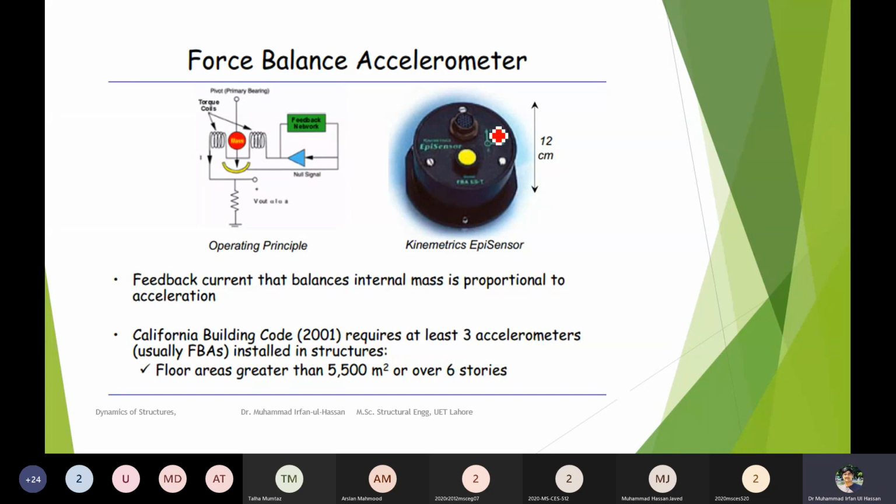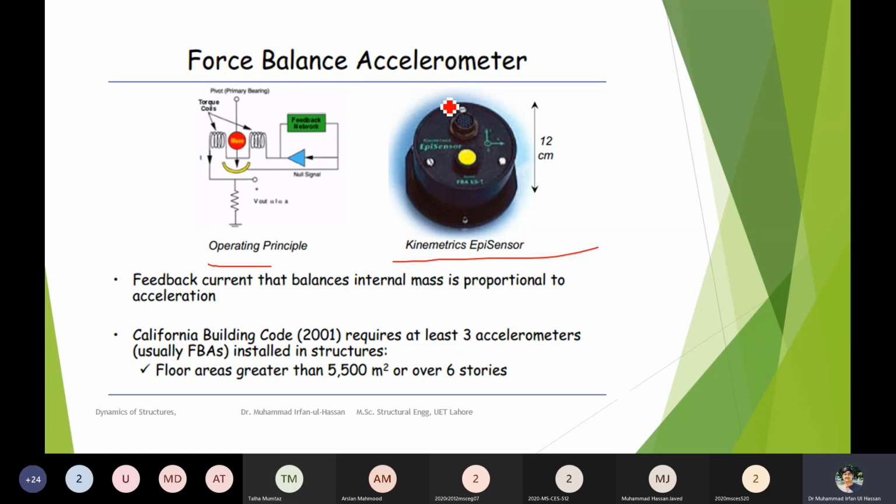So normally, internationally, these equipment are installed in the building. You know that the mass is proportional to the acceleration, and this is one of the force balance accelerometers.